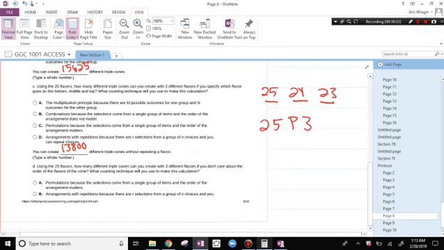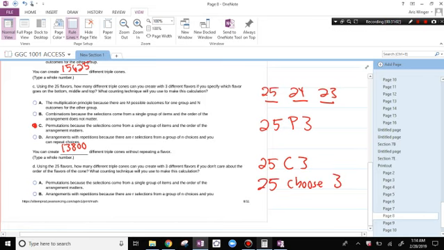By the way, this is definitely permutations because you care about the order. Using the 25 flavors, how many different triple cones can you create with 3 different flavors if you don't care about the order? Right, so that is now combinations. So that's 25C3, or if you want to put this into Google, it's called 25 choose 3.